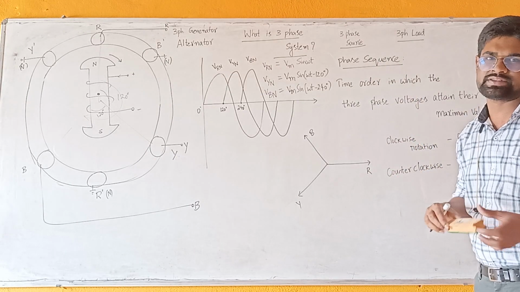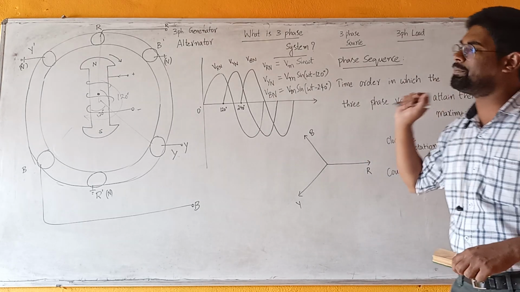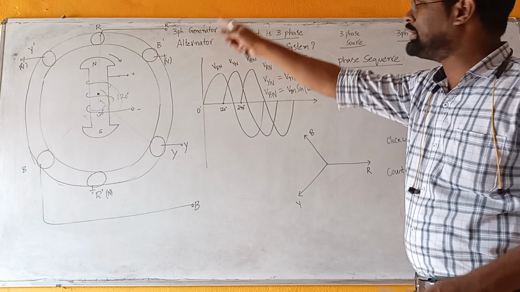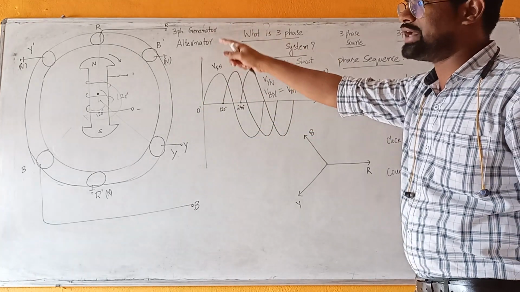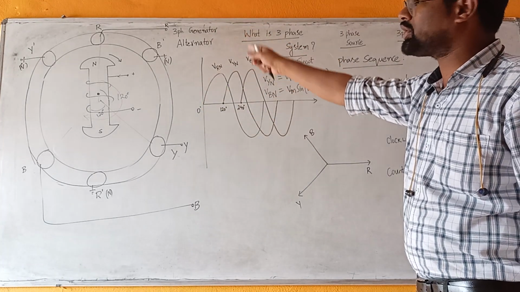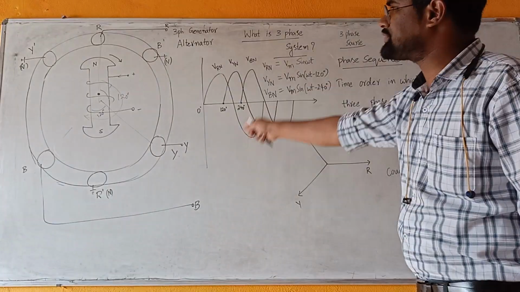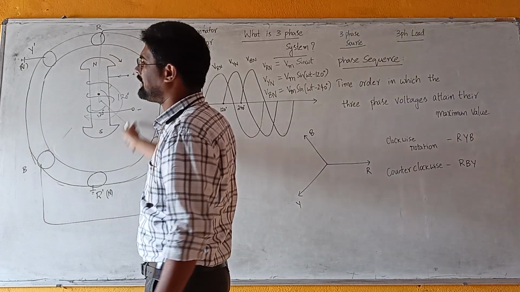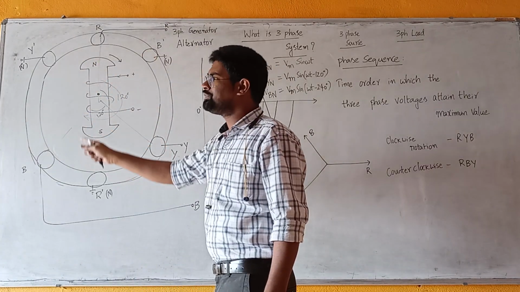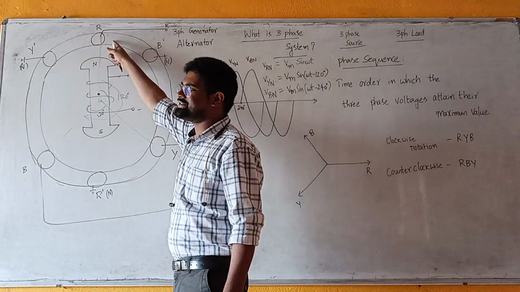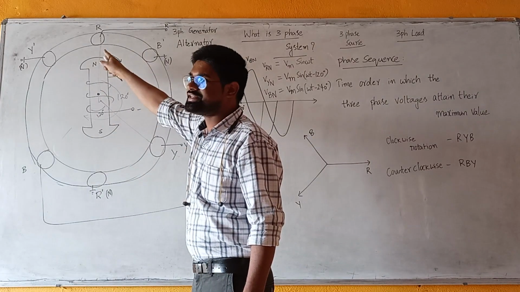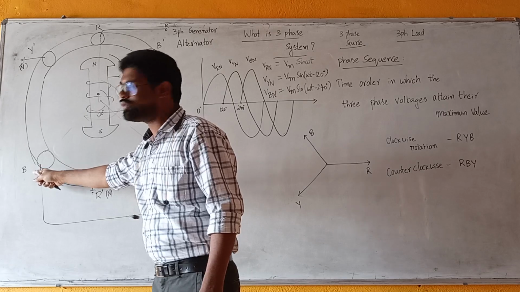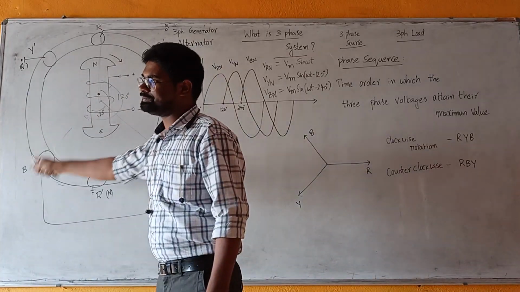What is phase sequence? Here if you observe this operation, this magnetic flux is rotating in clockwise direction because we are rotating the magnetic rotor. The magnetic rotor is rotating in clockwise direction, so the flux is also rotating in clockwise direction. First it induces voltage in R conductor, next it induces voltage in Y conductor, and next it induces voltage in B conductor.